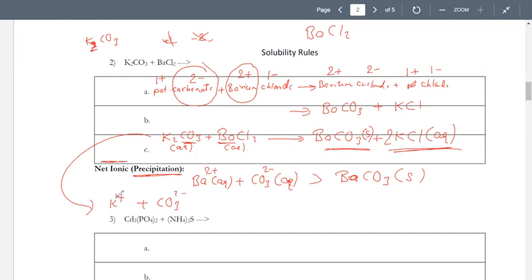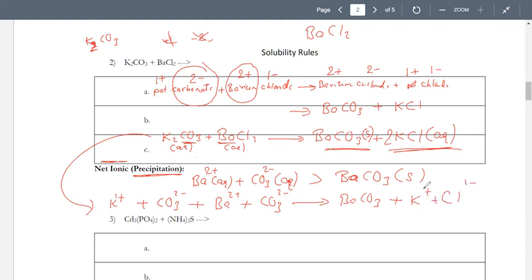This is 1 positive. Plus for barium chloride, you will have barium 2 positive plus chloride negative, and it will give barium carbonate plus potassium plus and Cl negative.